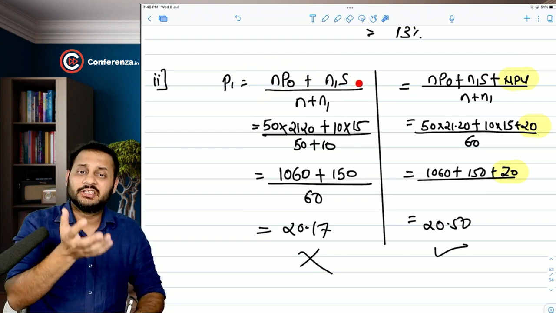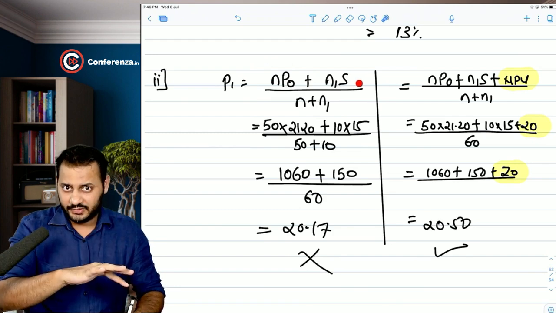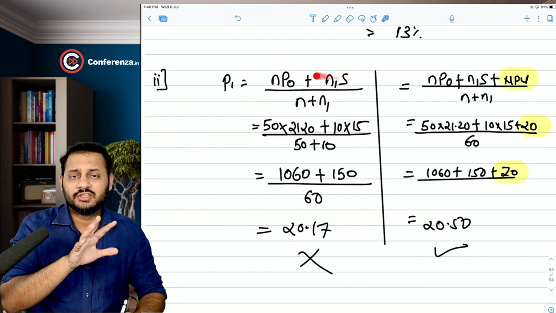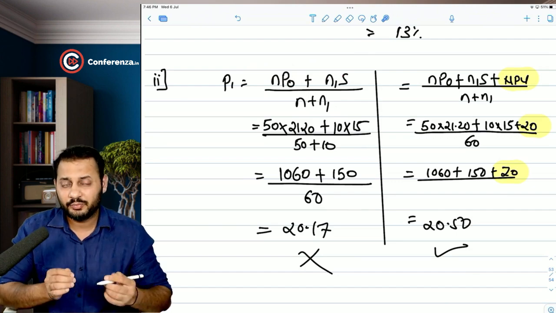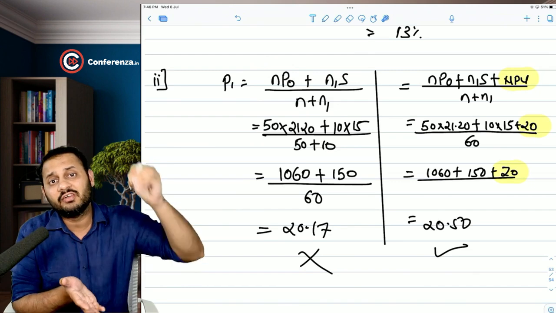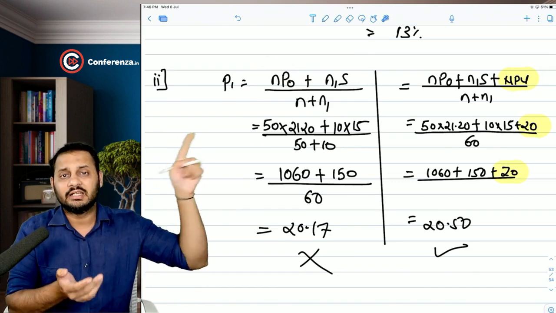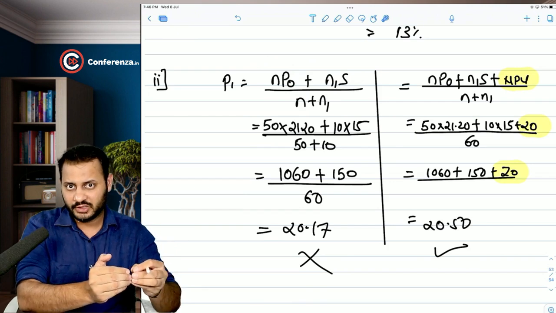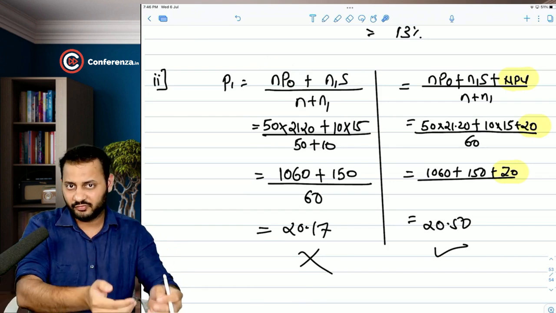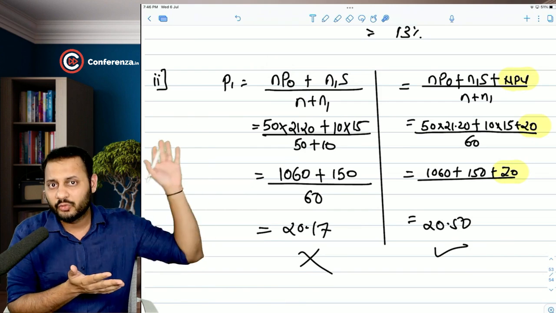It is the total market value of the company. This formula also gives us the total market value of the company, but in this question there is some additional information which is increasing the market value of the company, that is NPV. Although you are investing 150 crore from the company, that 150 crore is being wiped out.